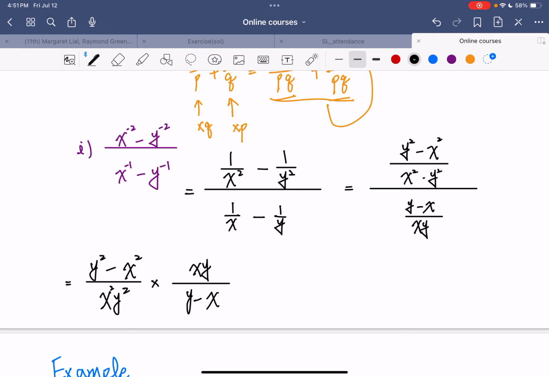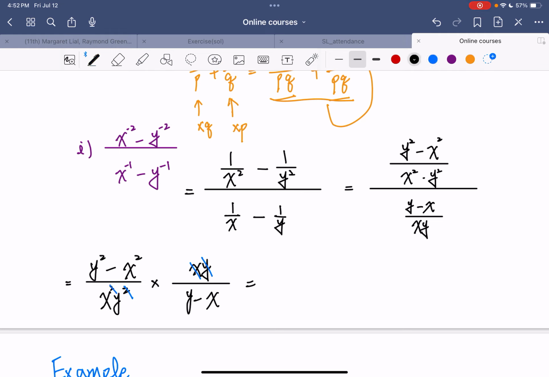Okay, and at this step we can find that they got some common factors here. So here we got x times xy, and we got xy here. So actually we can eliminate one y and one x. So let's do this, use blue. Y and y, x and x.